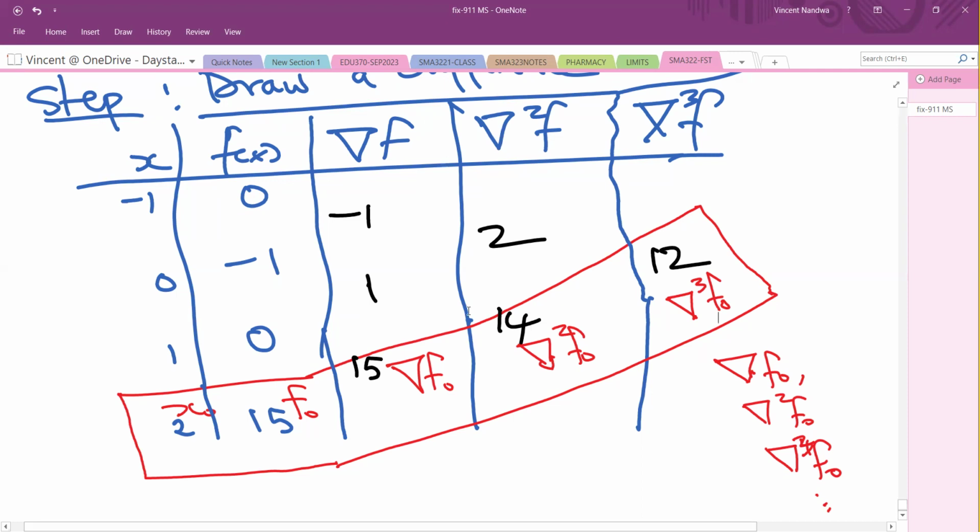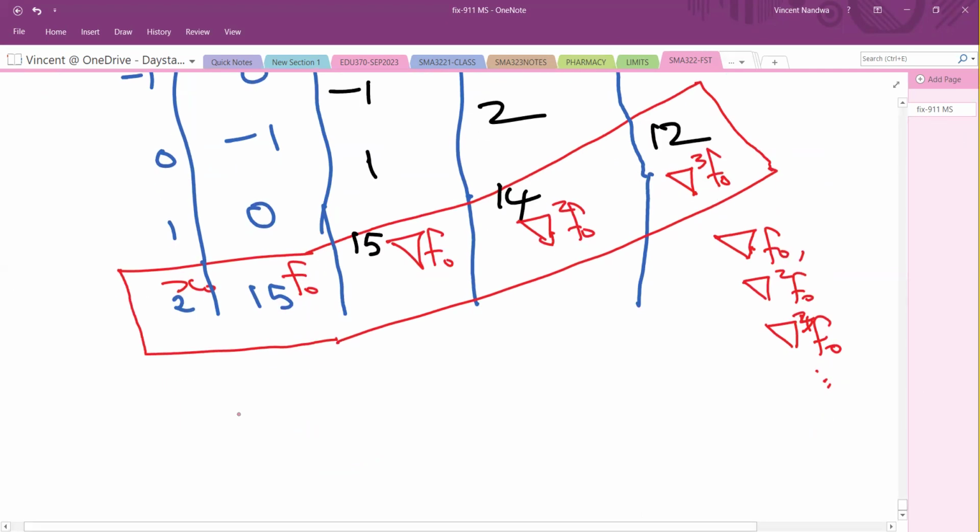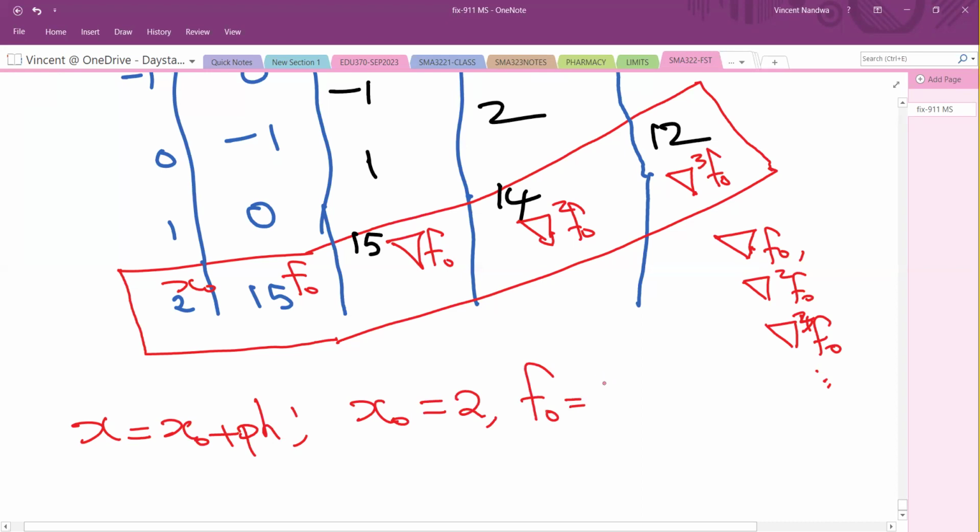So with that x naught value, we write the formula x is given by x naught plus ph. So what is x naught? In this case it is 2, f naught is 15, and what is the value of h? h is 1.